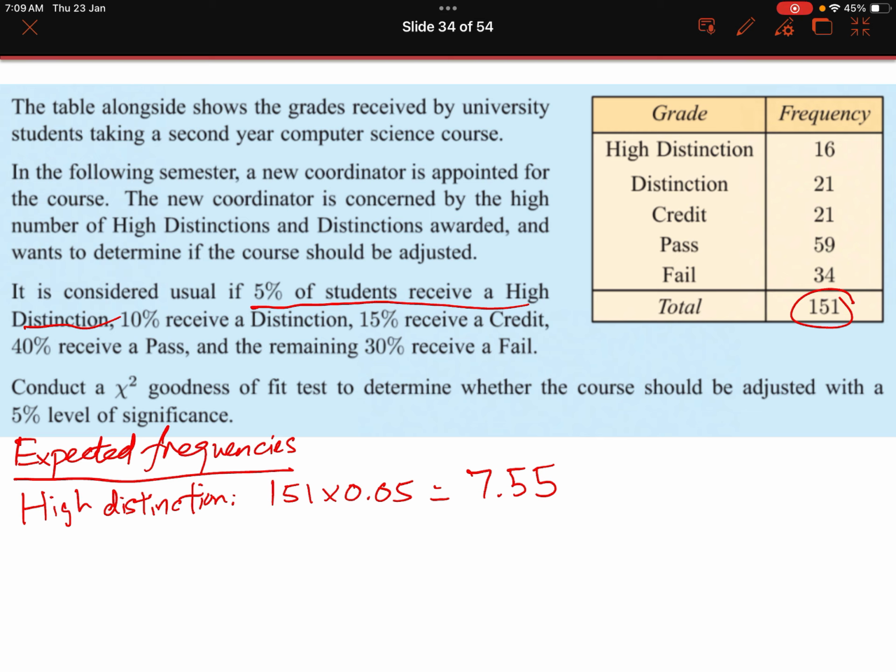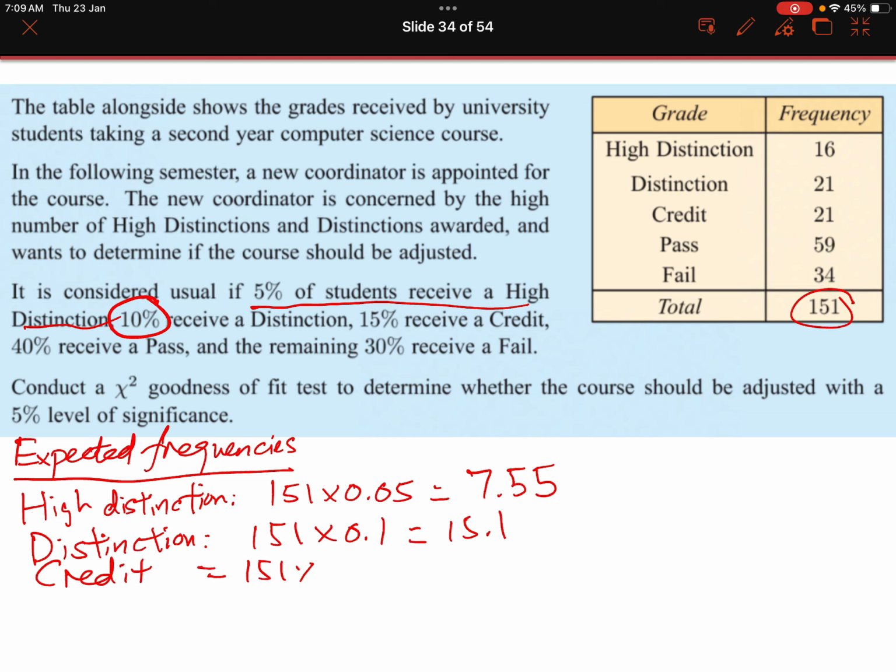We do the same thing for distinction. That would be 151 times 0.1, because we have 10% who receive a distinction. So that's approximately 15.1. Then we do the same thing for credit. We take 151 times 0.15, that'll be 22.65.